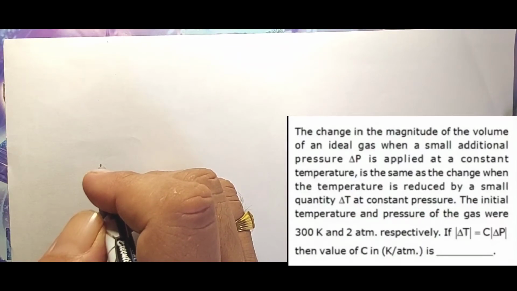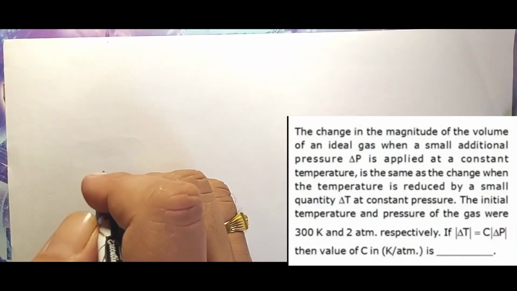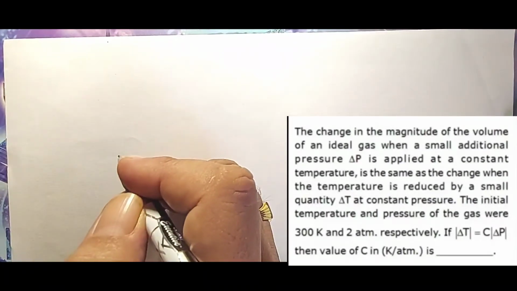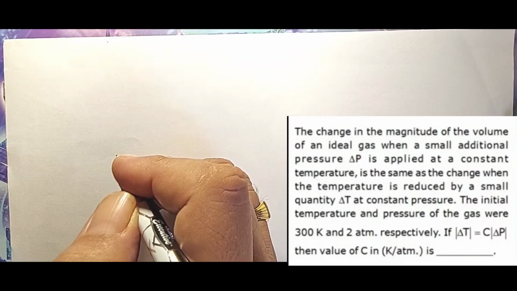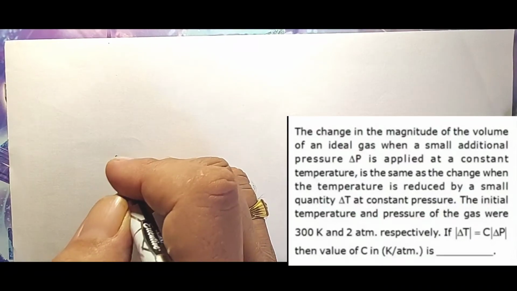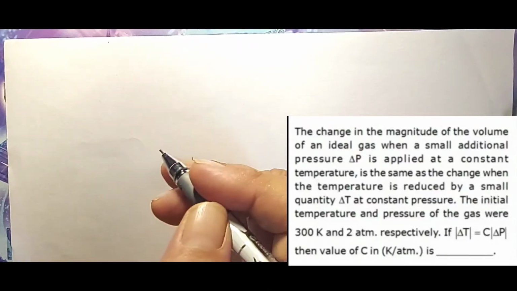The initial temperature and pressure of the gas were 300 kelvins and 2 atmosphere respectively. If delta T is equal to C into delta P, then the value of C in Kelvin per atmosphere is.